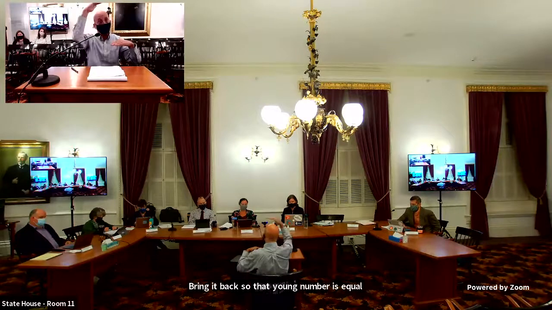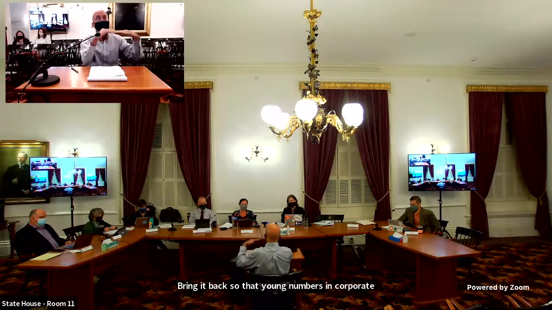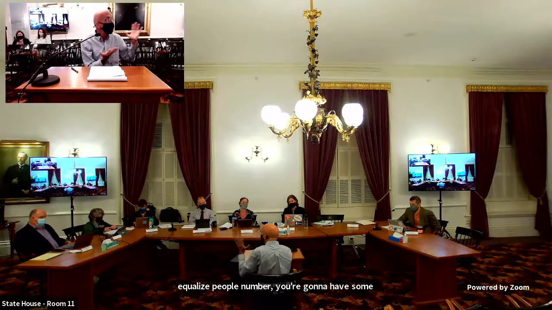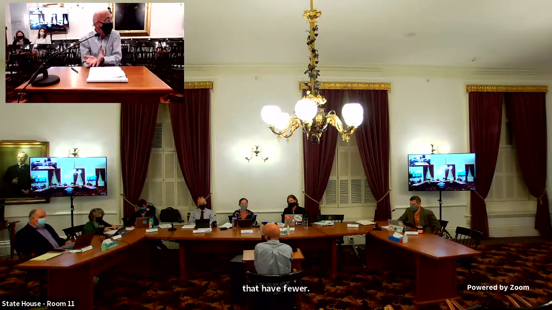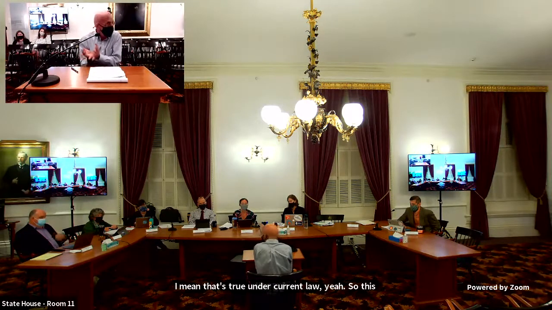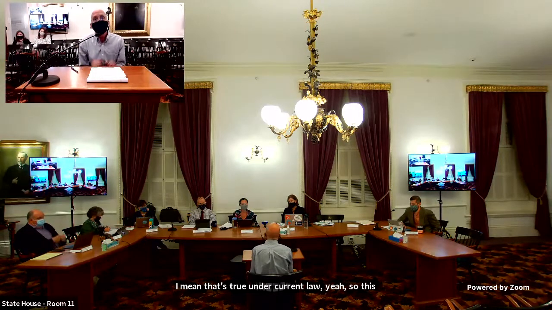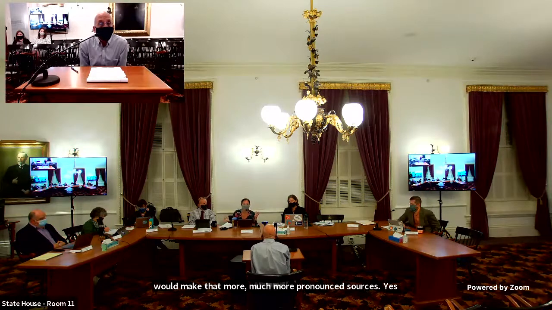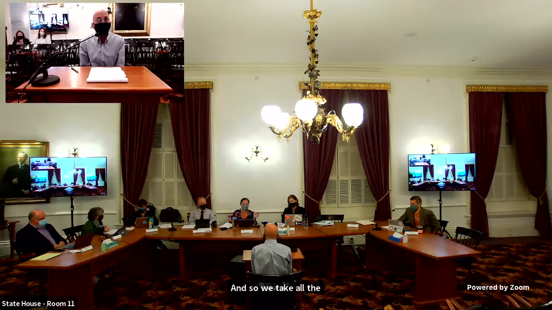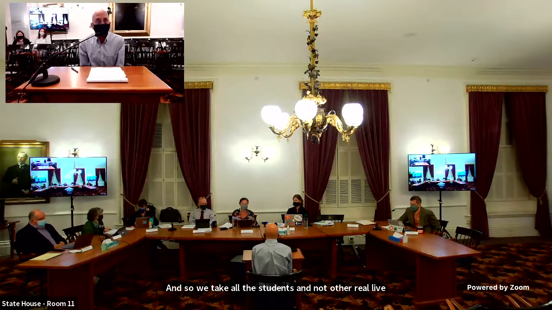You're going to have some districts that have more equalized pupils than ADM and some that have fewer. That's true under current law. This would make that much more pronounced, significantly so. We take all the real live students in the whole state, and that's where the equalization ratio comes from.